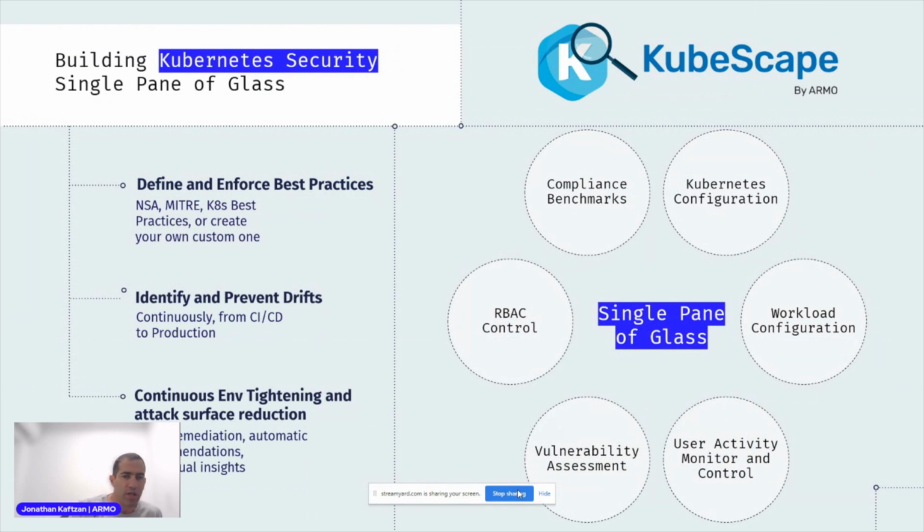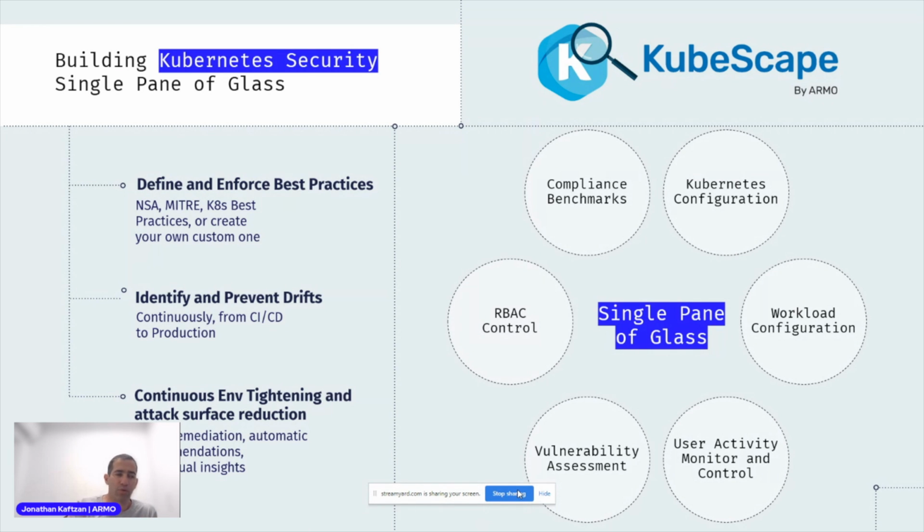So when you use Kubescape, you basically can do, I would say, three main things. First of all, define and enforce best practices according to different types of frameworks, right? Making sure that all your organization is working according to the same standard, using the same guidelines, using the same best practices according to different frameworks as well.